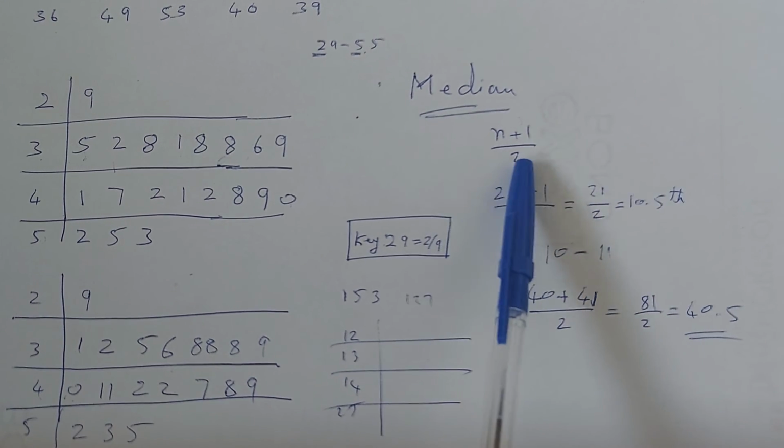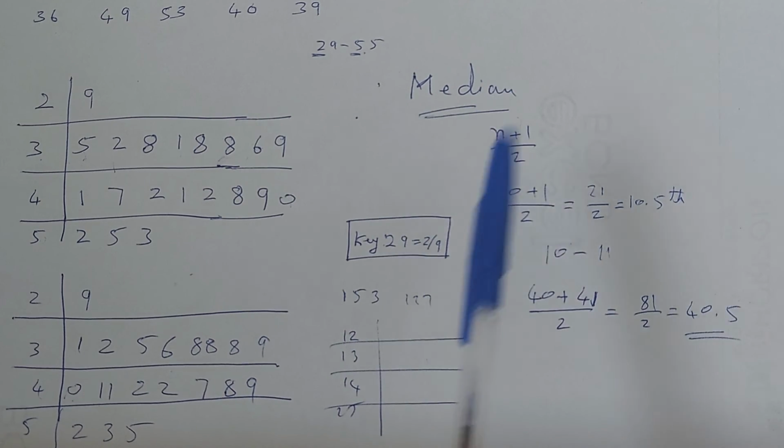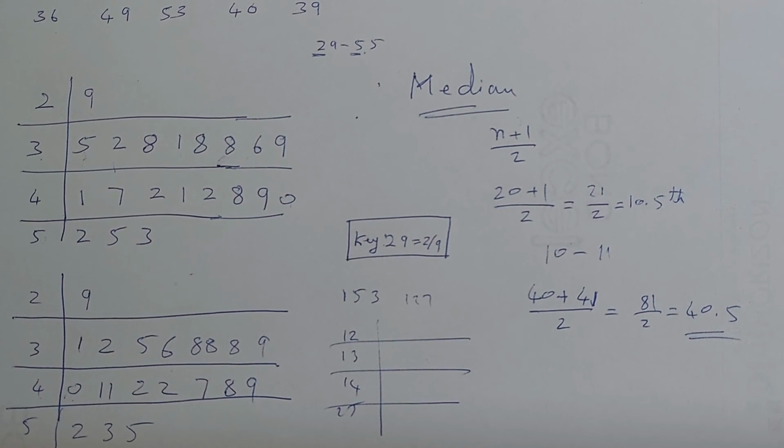Now, this formula is really helpful. It can be used anywhere when you're finding the median in GCSE. N plus 1 divided by 2, which is the middle value. So easily, instead of you counting each and every one, just put in the formula, where n is the number of values.